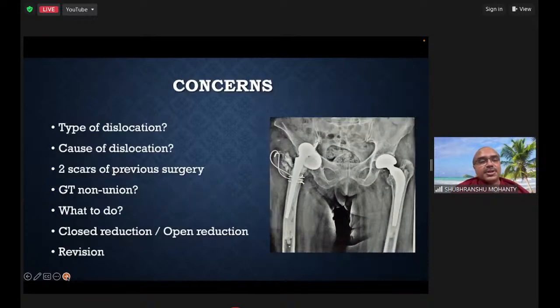So the concerns here: what is the type of dislocation, what is the cause of dislocation, and there are 2 scars of previous surgery. There is greater trochanteric non-union, and what to do: closed reduction, open reduction, revision. Any take on this? We will discuss at the end because we'll give room for all the discussion.